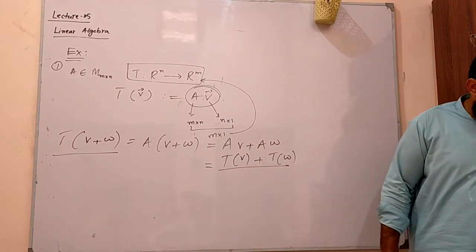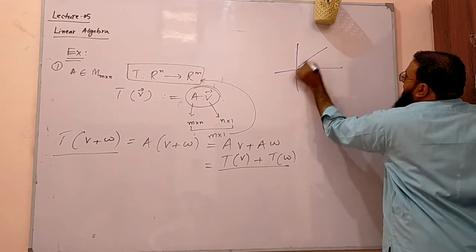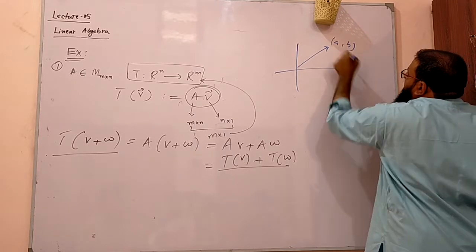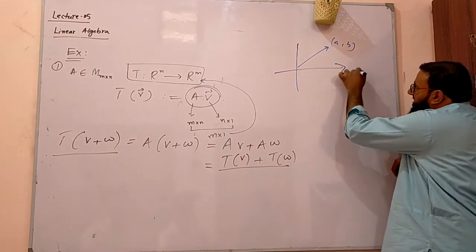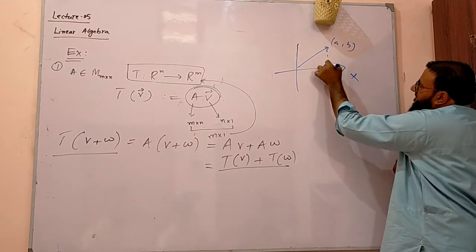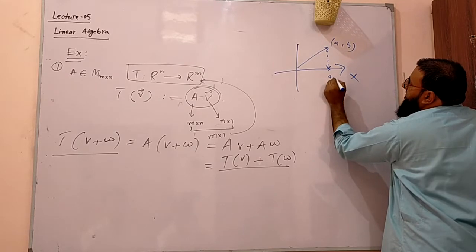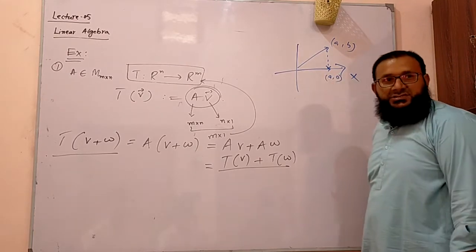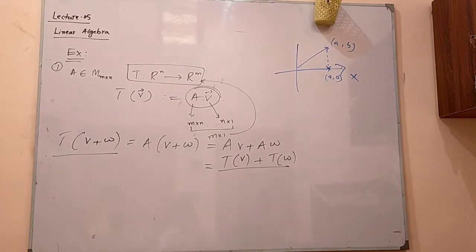What is an example? Let us discuss an example. You take a vector in R2, let's say this is (a, b), and I am going to project it down to the x-axis. So what is this vector? (a, 0). Basically this is not (a, 0), this is only a, if I consider a one-dimensional space.